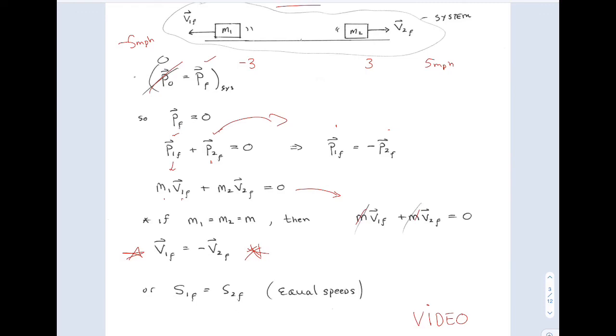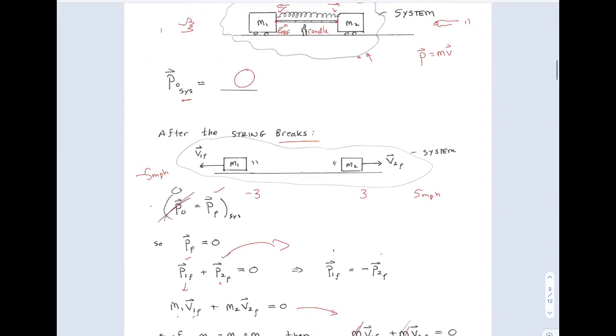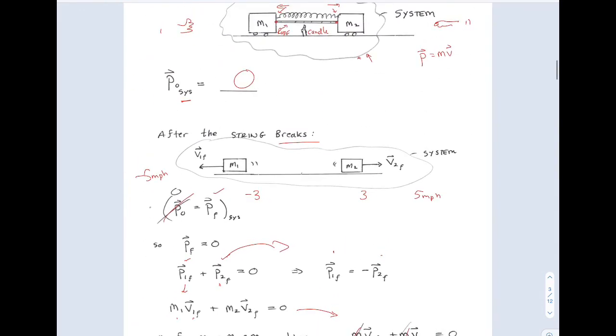Okay. Now remember, speed is the magnitude of the velocity. So if I take the absolute value of both sides, that says they break apart with the same speed. Okay. So one way I can demonstrate that, how do I know that they would break apart at the same speed, is what I'll show is I'll put them in the middle of the track.